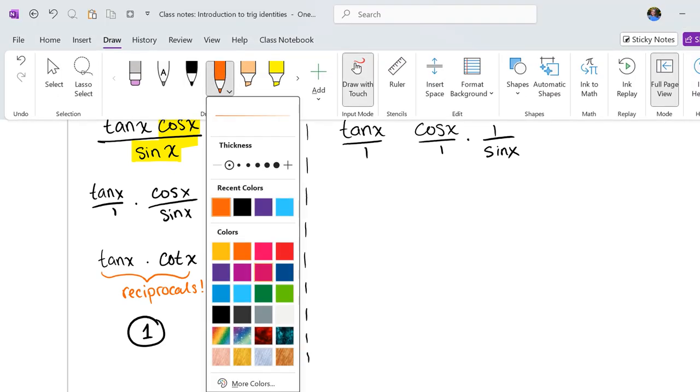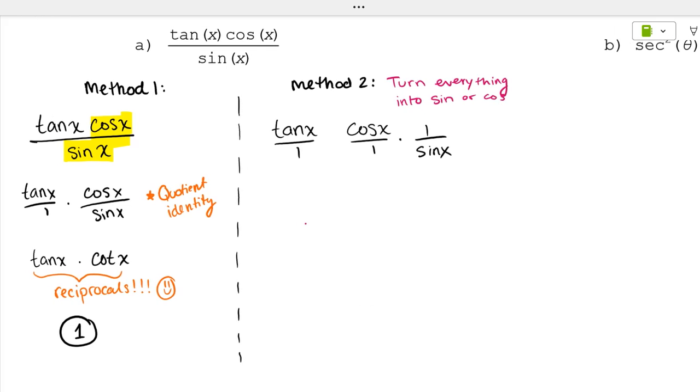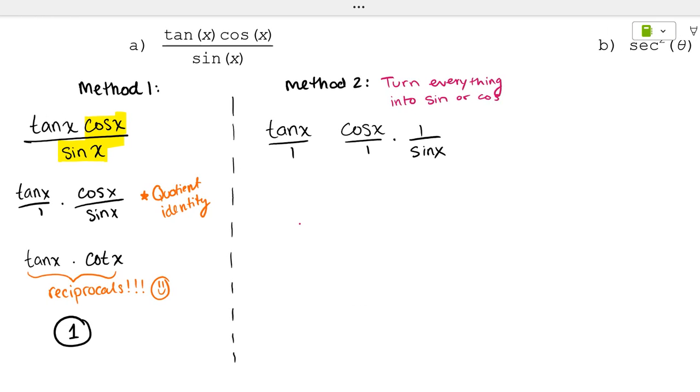And one common method for solving these that some people use is to turn everything into sine or cosine. Now, this isn't always going to be the most efficient method, and sometimes this doesn't work out super well, but it is a method that works a lot of the time.